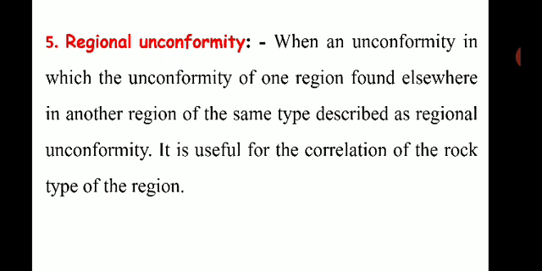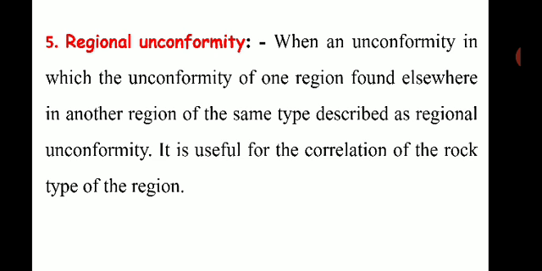Then next is regional unconformity. So what is regional? When an unconformity of one region is found elsewhere in another region of the same type, then it is called the regional unconformity. So this is very useful in correlating the rocks.